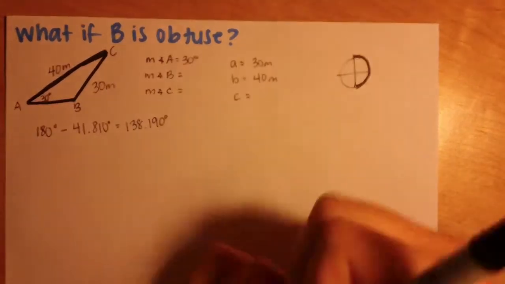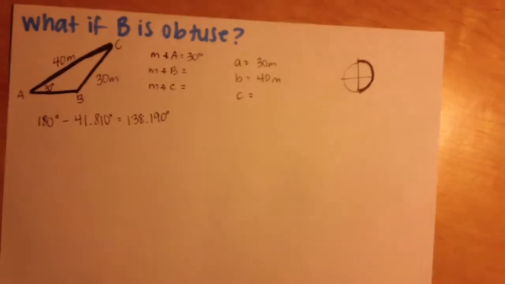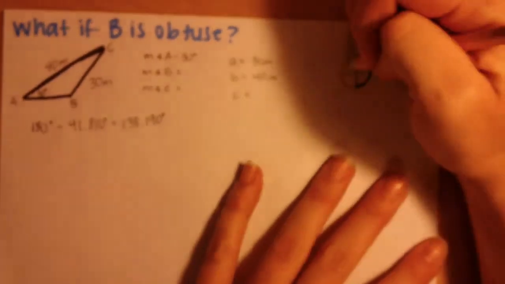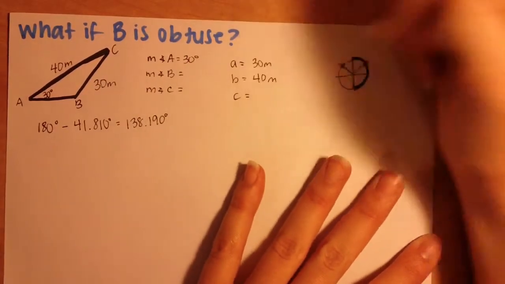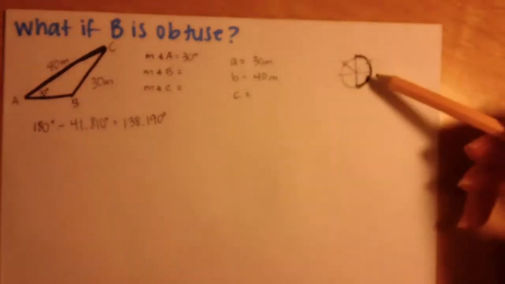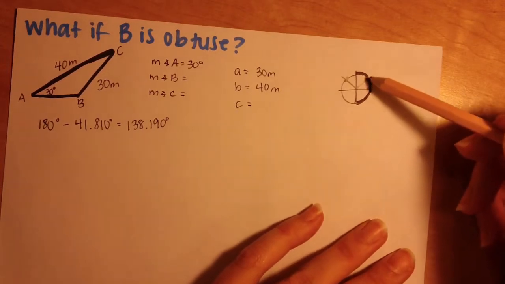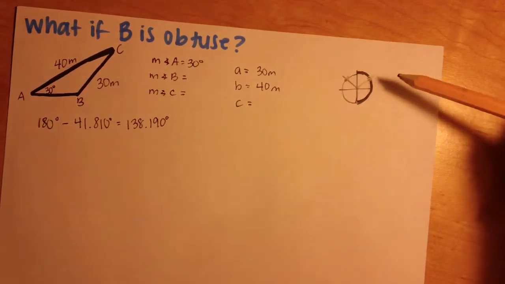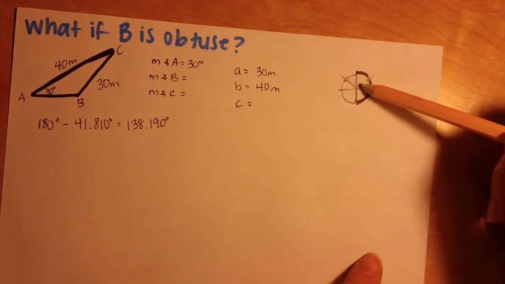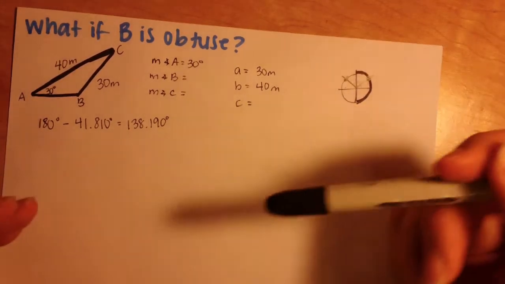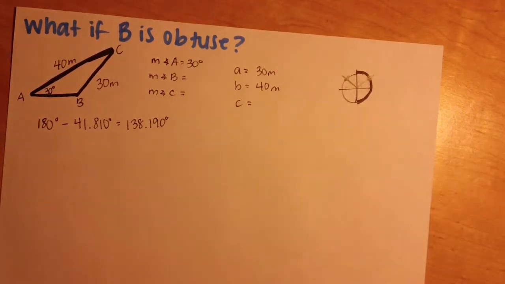So we can't get any obtuse angles like we could over here, because looking at sine, these two points for sine are equal. So we want to figure out how to get this one. We'll take our 180 and subtract off this angle that we found, which was our 41.81, to get this obtuse angle. So now we have this obtuse triangle, and we want to check that there's actually two solutions.